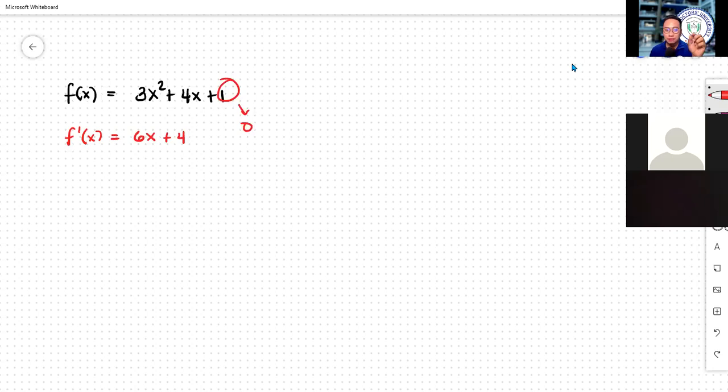And we can just omit the 0 there. So that's the derivative of 3x squared plus 4x plus 1 in a shortcut method. And what we have followed here is the power rule, if you remember the power rule.